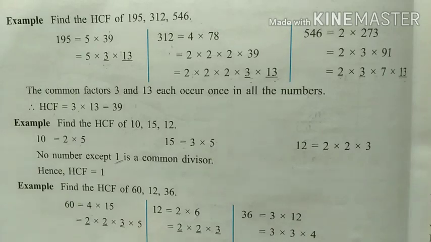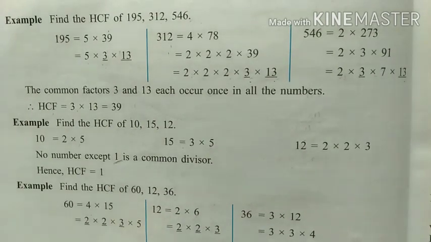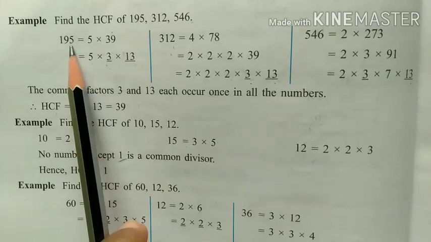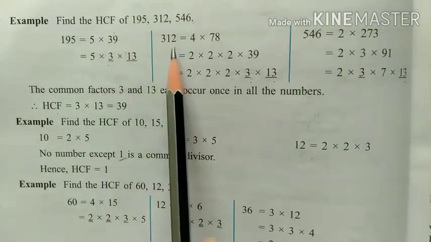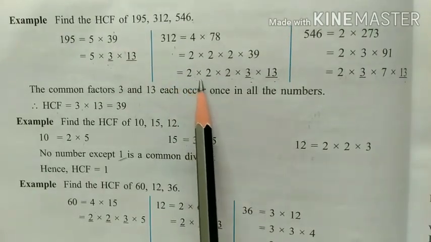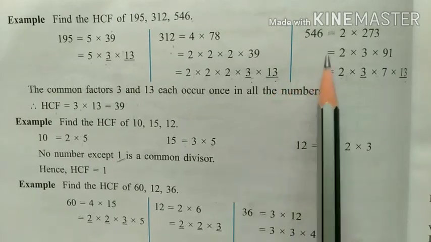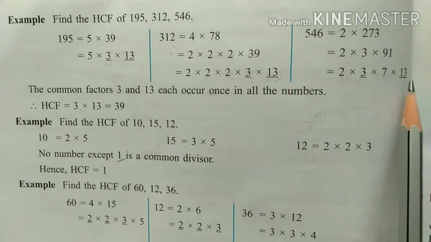Let us understand one more example. Find HCF of 195, 312, 546. First, write the prime factors of the given numbers. 195: 5 multiply 3 multiply 13. 312: 2 multiply 2 multiply 2 multiply 3 multiply 13. 546: 2 multiply 3 multiply 7 multiply 13.